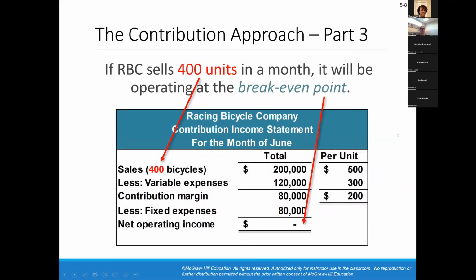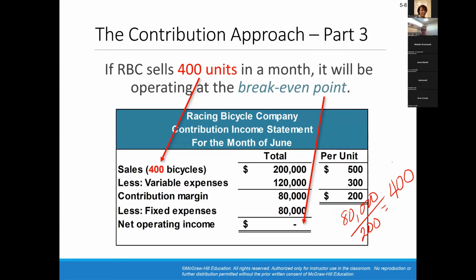All right, so the 400 units is our break-even point. And the way that you can come up with that is look to see what your fixed expenses are and divide it by the contribution margin, which is 200. So I'm just taking that 80,000 divided by 200, and that should give me my 400.